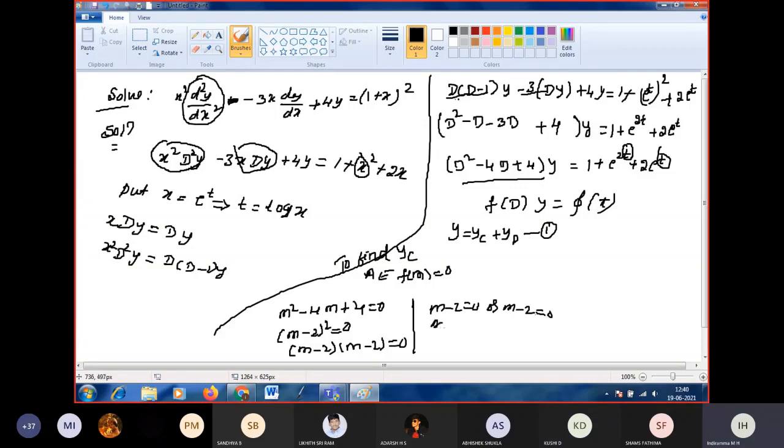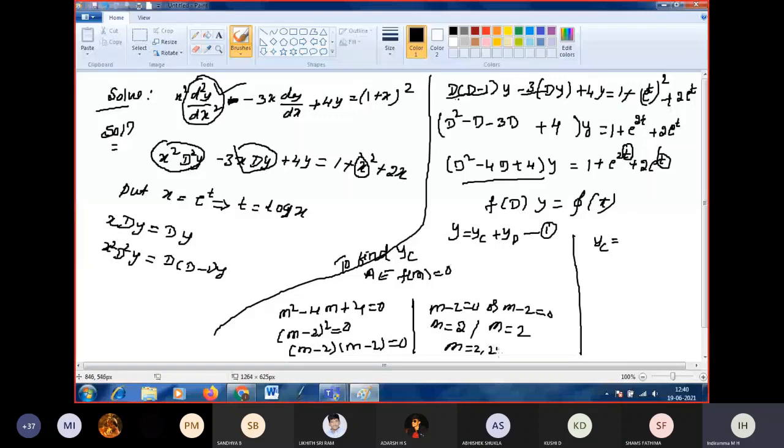So what is m here? m is 2. So m is equal to 2, 2 we got. Since it is a second order differential equation, we got two roots for m. Correct? Therefore, what is yc?